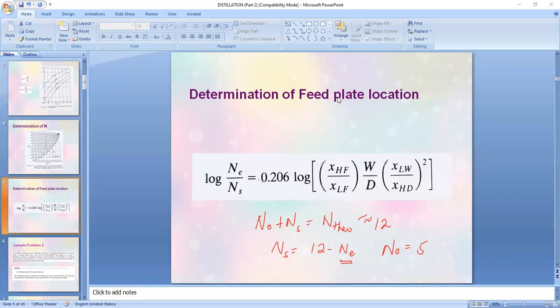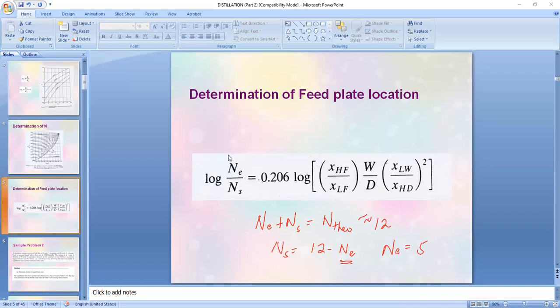So if you have already determined that your enriching section has 5 theoretical stages, isn't it that the 6th would already be part of the stripping section? So the first plate after the enriching section belonging to the stripping section would now be the feed plate location. If your enriching section has 5 theoretical stages, then the feed plate will be located on the 6th stage, or your feed will be introduced on the 6th stage from the top of your column.